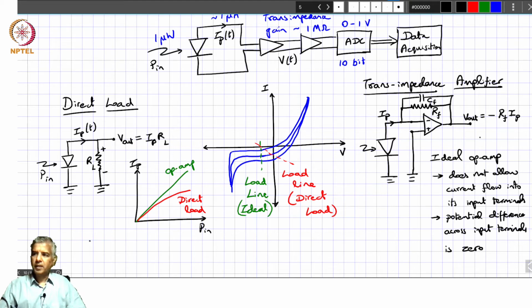Because of that, when you look at the overall response, it would correspond to 1 plus j omega RF CF. The frequency response as far as the AC condition is concerned will be given by this.